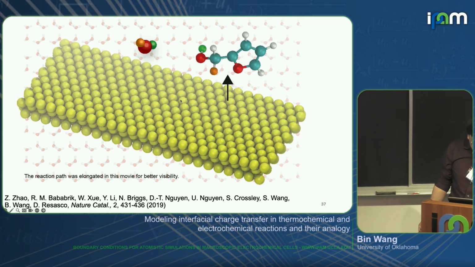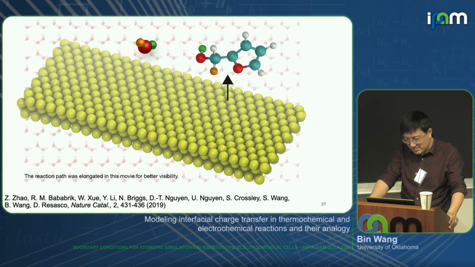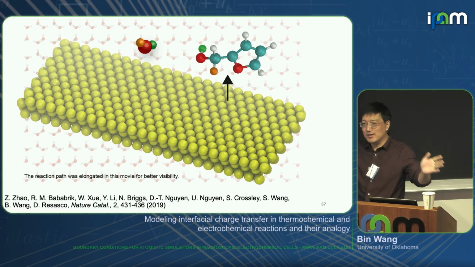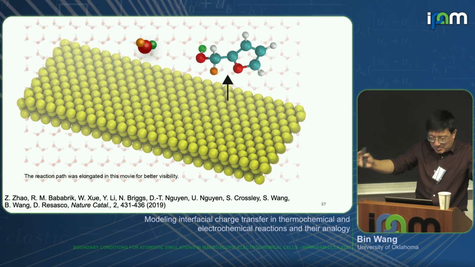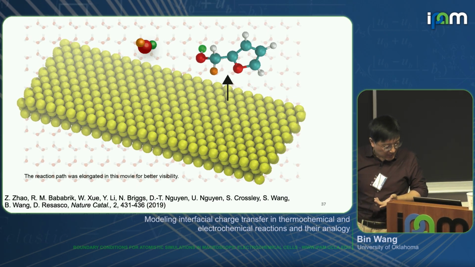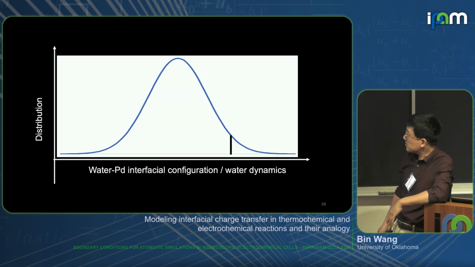This is what we did already quite a while ago, but then a lot of questions came out because we did just one snapshot calculation. We don't take into account how the configuration or the dynamics of the water may change in the simulations. So how does the reaction kinetics depend on the dynamics of the water in this case?